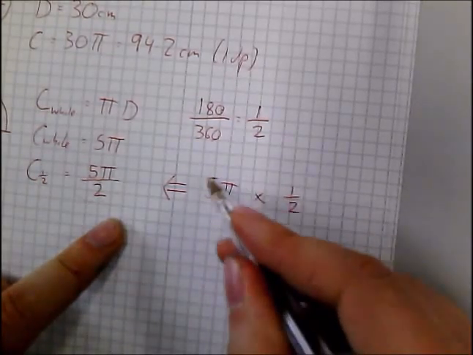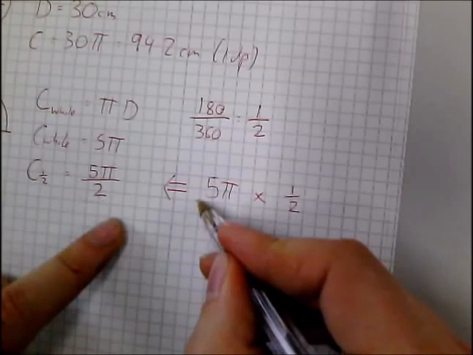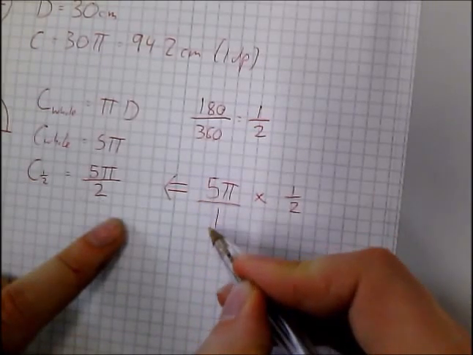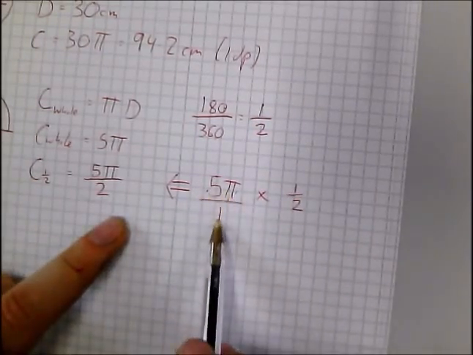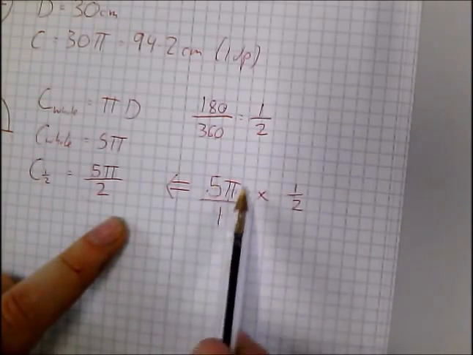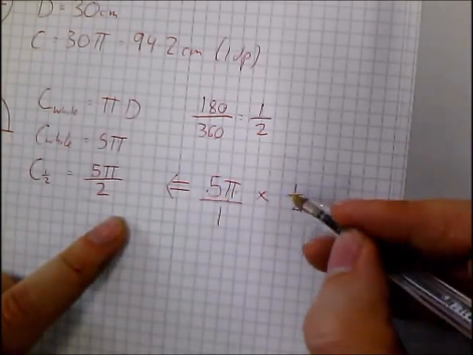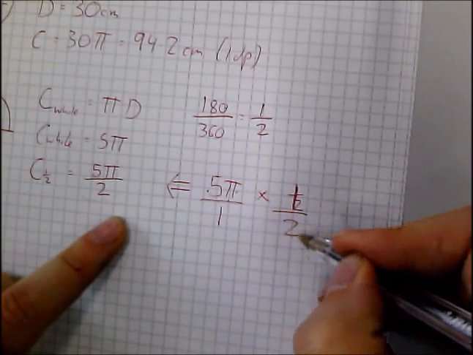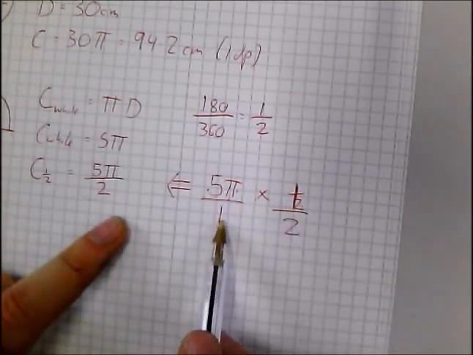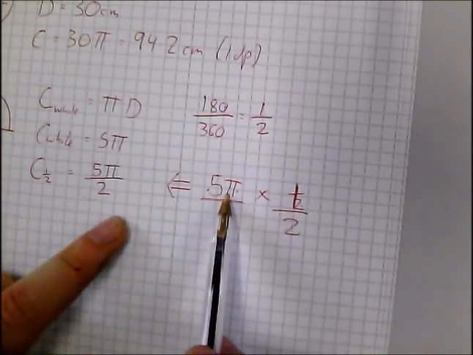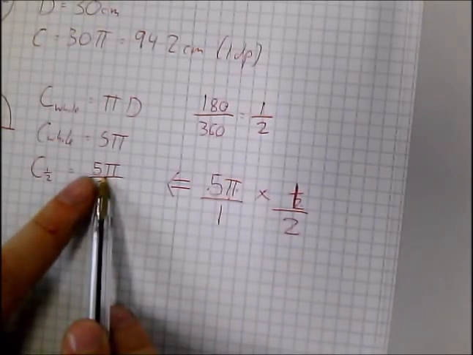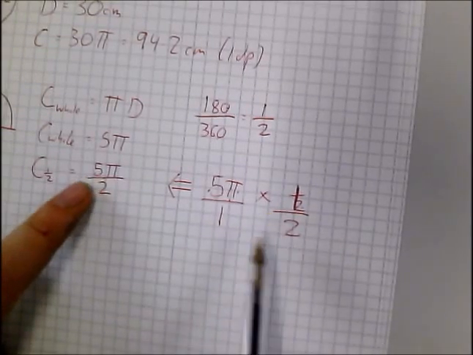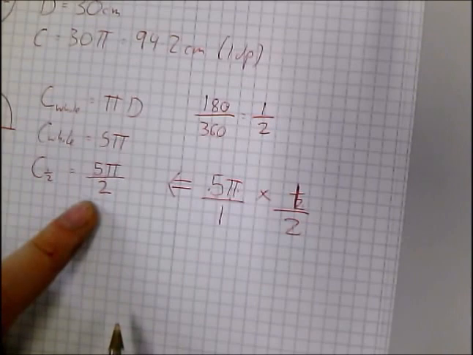Now to do this, I can turn 5 pi into a fraction by doing this: 5 pi divided by 1 is still 5 pi. To multiply fractions, I multiply the top and I multiply the bottom. So the top becomes 5 pi times 1, or just 5 pi, and the bottom becomes 1 times 2, or just 2.